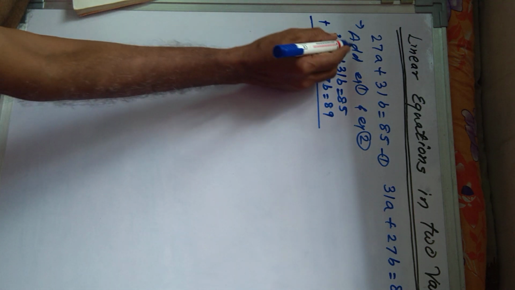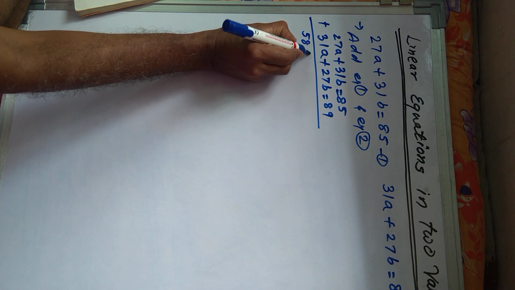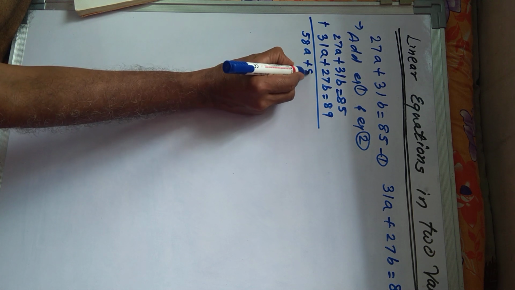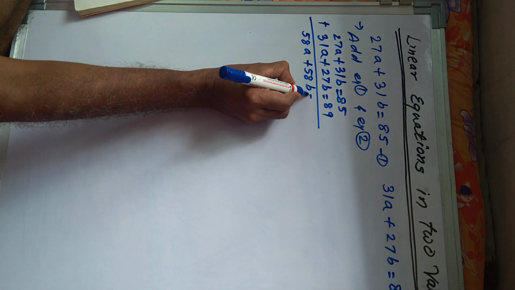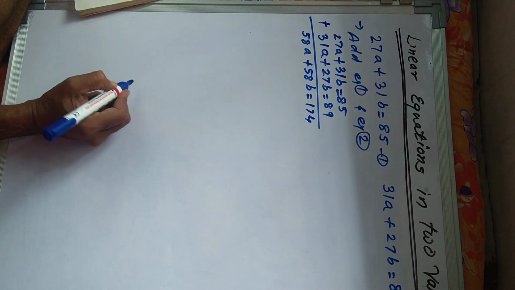Adding these two, we get 58a plus 58b is equal to 174.